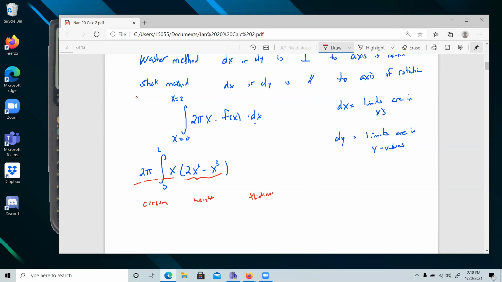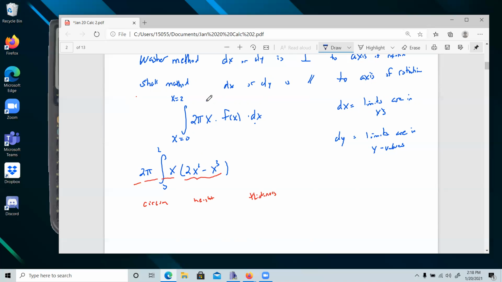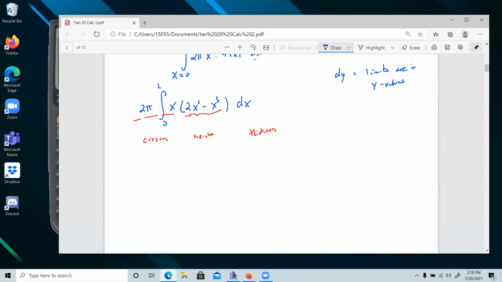As far as the thickness goes, that was our dx. Not the best integral in the world to deal with, because we have to do a little bit of multiplication here, but overall not too taxing. This is not a terrible integral to deal with. This is 2x cubed minus x to the fourth dx.